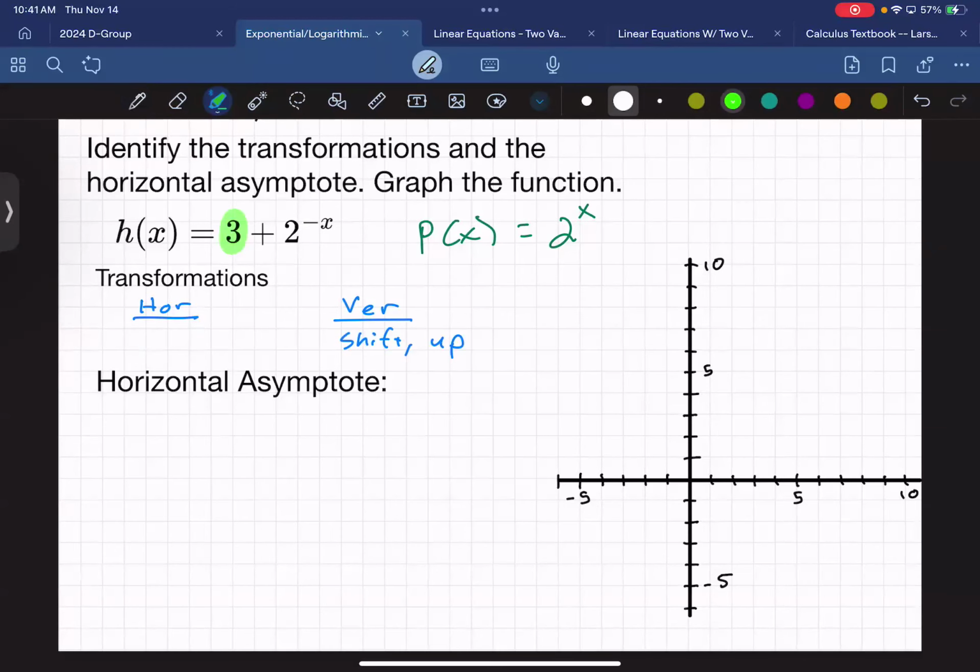The negative, right? So that negative definitely has an impact, and that's going to just be a reflection as we've dealt with in the past. Make sure you see this is a horizontal reflection. What that means is once I take my graph of my parent function, which if we plot out those points, this is me just doing the parent function.